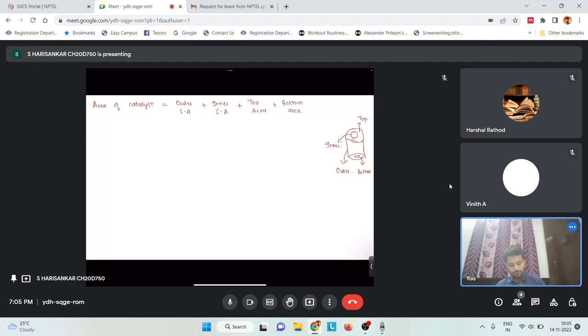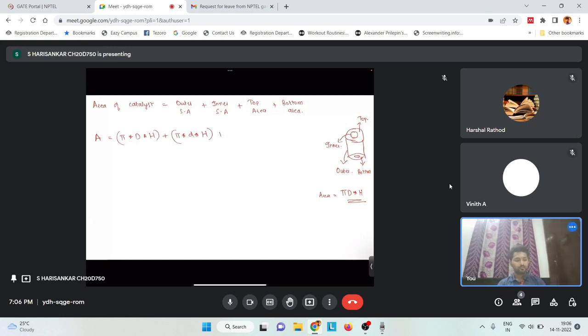So area of catalyst A will be outer surface area. For a cylinder, the area can be calculated as pi d into h. This will be the area of a cylinder. So for outer surface area, it will be pi into capital D into h plus inner surface area, which will be pi into small d into h, plus top area and bottom area will basically be the same.